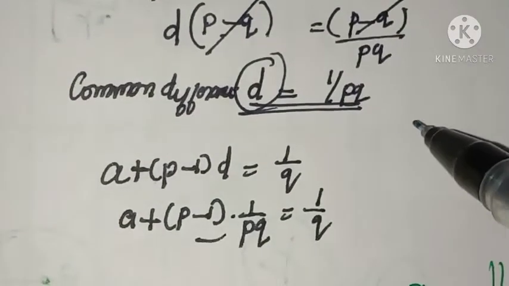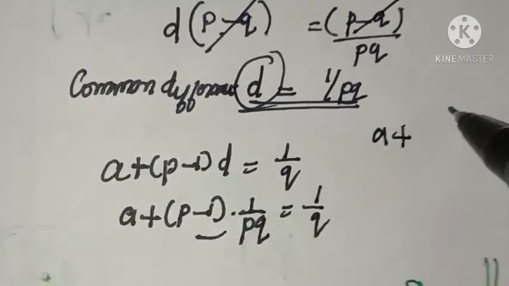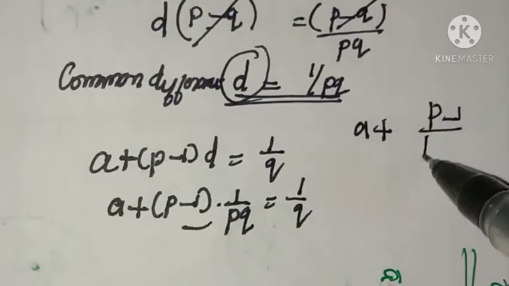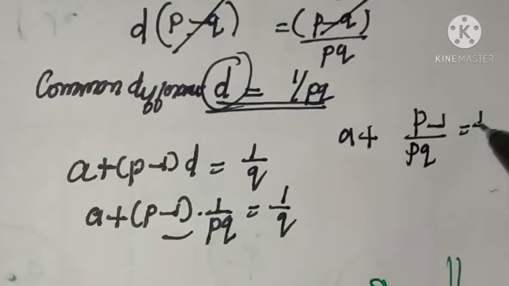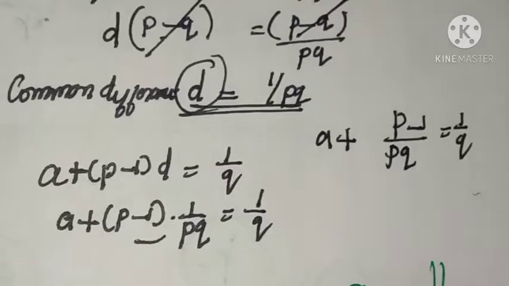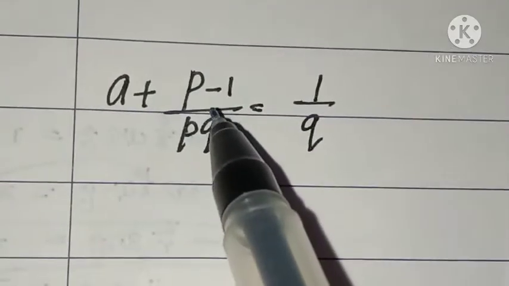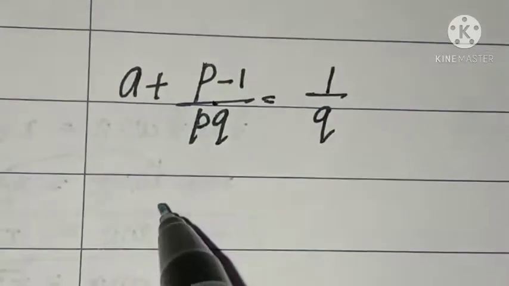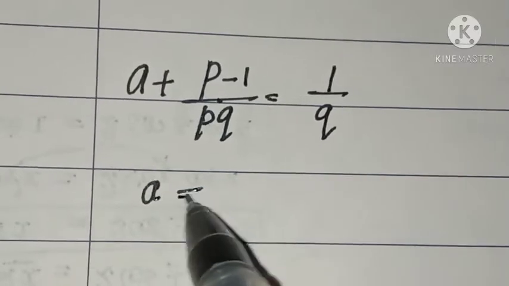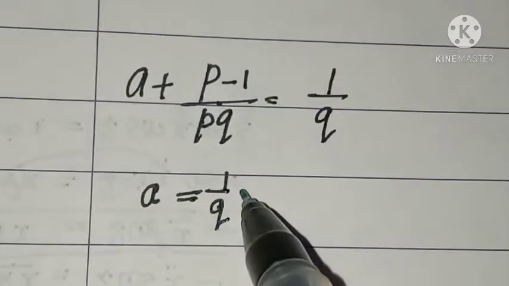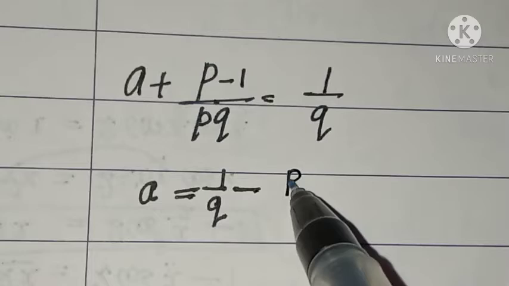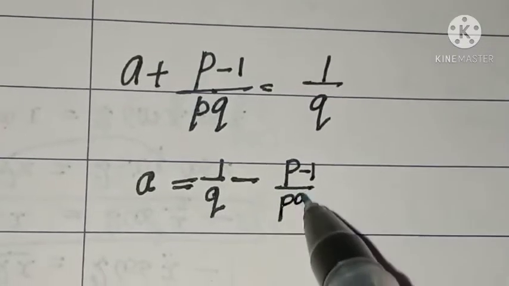And this can be written as a plus (p minus 1) by pq is equal to 1 by q. Now take this term to the right side. So a is equal to 1 by q minus (p minus 1) by pq.